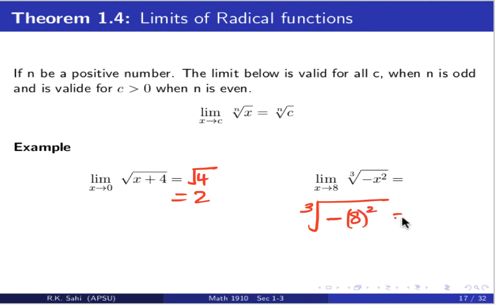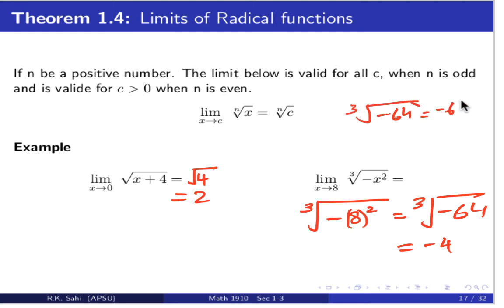So it is the cube root of negative 64, and we know the answer is negative 4. You can do the math also. You know what negative 64 is? The cube root is (−64)^(1/3), and negative 64 is what? (−4)³, to the power 1/3.